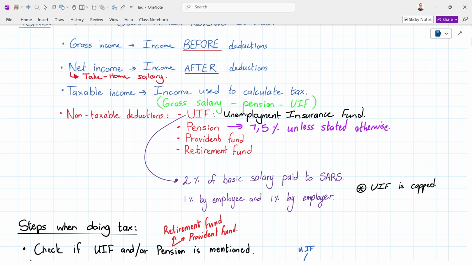There is a max of around 170 odd rand, I think, from your side. And then the employer would do the other 170, so there's about a 340 rand saving being done in your unemployment fund. So once you get fired or whatever and you can claim your UIF, that's where the money gets paid out from.